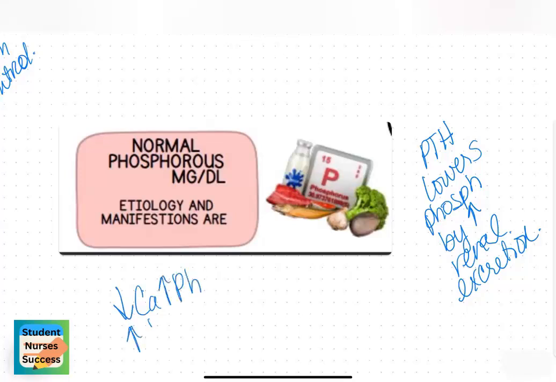And when calcium is high, we know that phosphorus is low. So in these particular cases, we know that the etiology and the manifestations tend to be inverse of calcium. So if your patient has high phosphorus, their manifestations would be the same as low calcium.